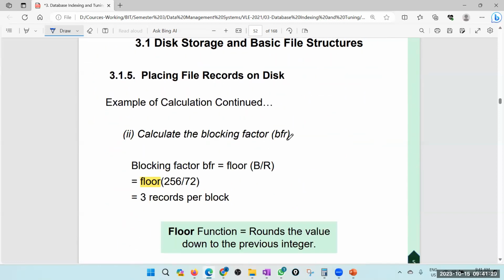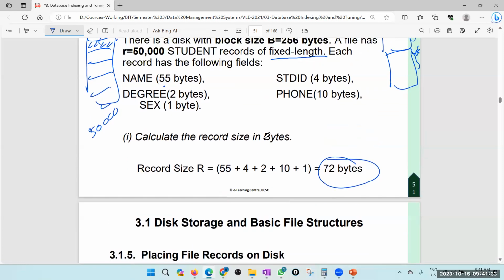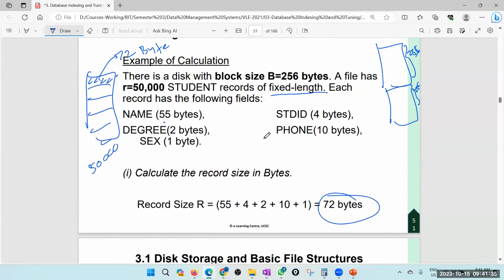Right. So now we want to calculate the block factor. What is block factor? The number of records in a block. The block size is 256 bytes and one record takes 72 bytes, so the block factor is 256 divided by 72.